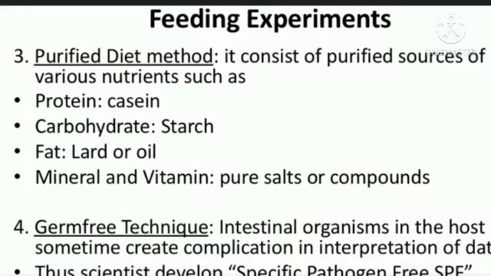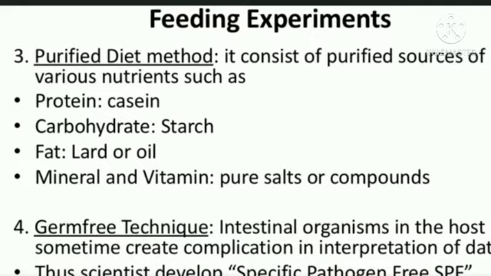In this purified diet method, we take purified nutrients. It consists of purified sources of various nutrients. For protein, we take casein; for carbohydrate, we take starch; for fat, we take lard or oil; for minerals and vitamins, we take pure salts or compounds. So everything is the sole source of a single nutrient.